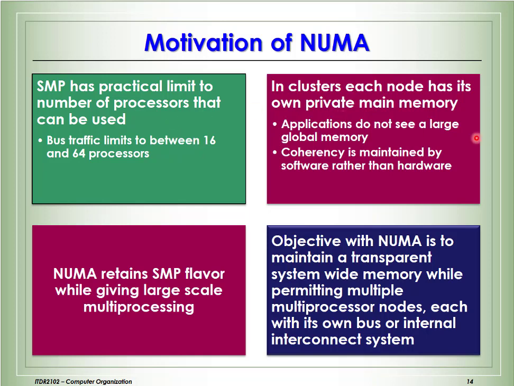So we jumped to clustering, thinking that maybe clustering would solve this issue. But when we jump to the clustering model, we see that there are two issues. One is that cache coherence is maintained in software rather than in hardware. When something is maintained by software, it takes more time.